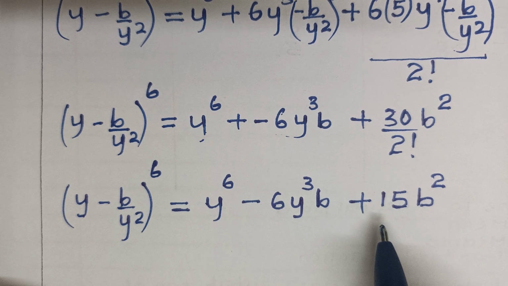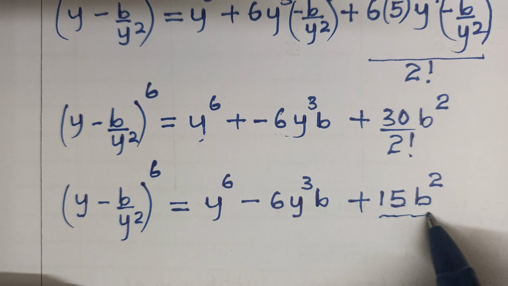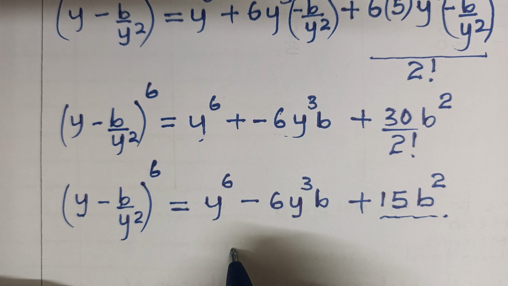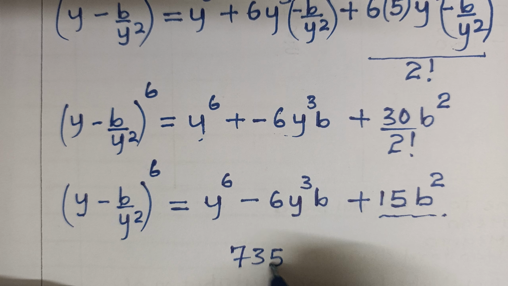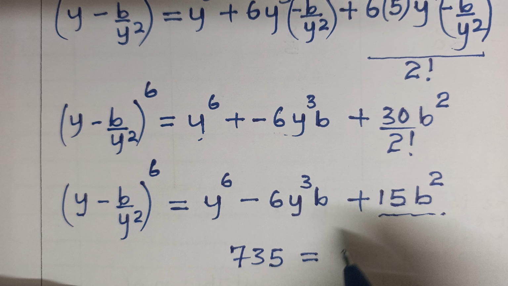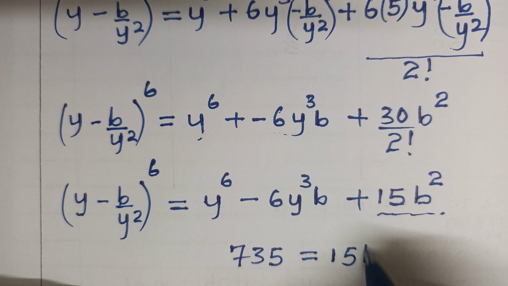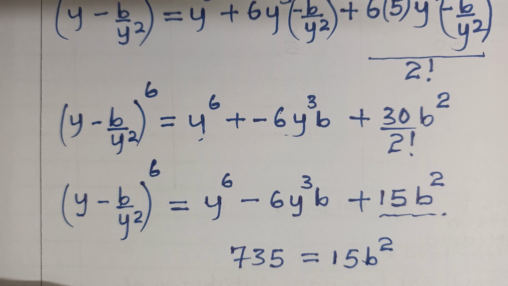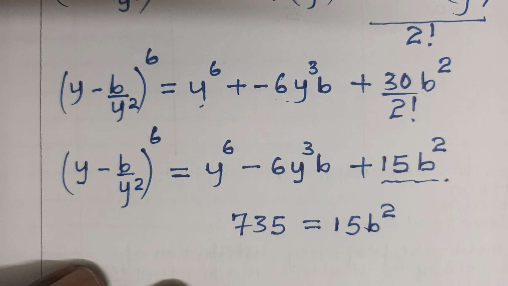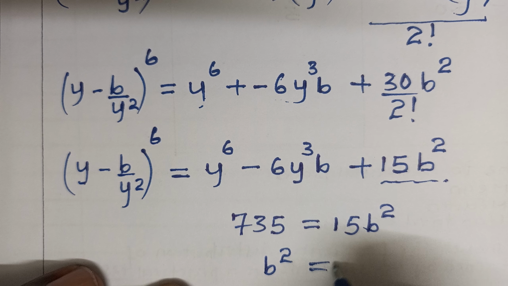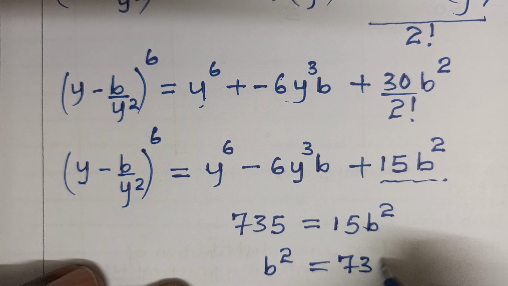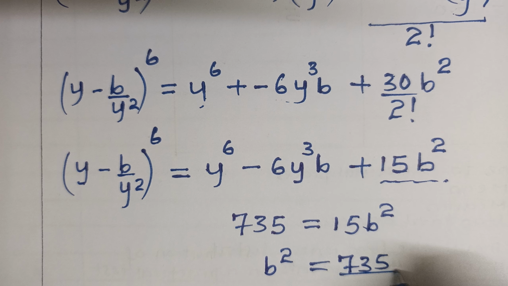And finally, this is our equation. We are told the term independent of y is 735, and so we say 735 is equal to 15b squared. Therefore b squared is equal to 735 over 15.